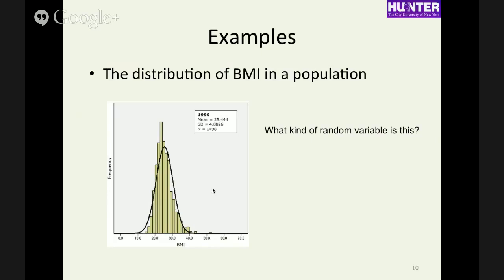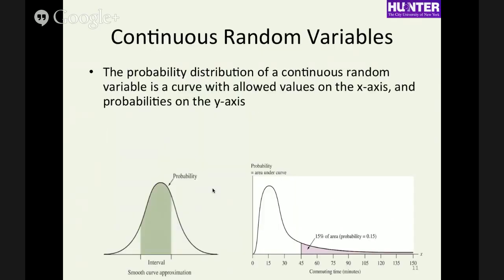Distribution of body mass index, that is, yep, continuous. Or you've heard it, I think, called scalar or quantitative, all the same thing. It's a continuous variable. So with continuous variables, they can take any value.